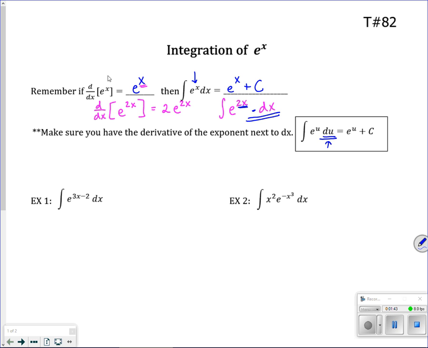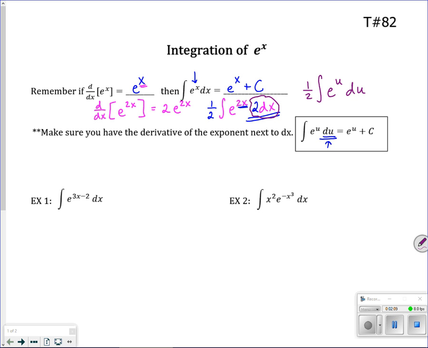So if I wanted to finish this one up, I would need a 2 there, so I would have to have a 1/2. This guy poofy clouds away, and I really have 1/2 times the integral of e to the u du.